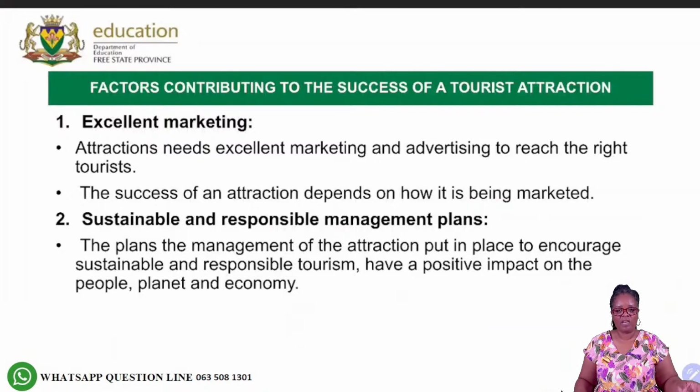remember, we talked about the famous world icons. So these attractions are known worldwide. So the marketing strategy must be of high standard, must reach all the corners of the world to make sure that tourists will know about this place and visit this place.